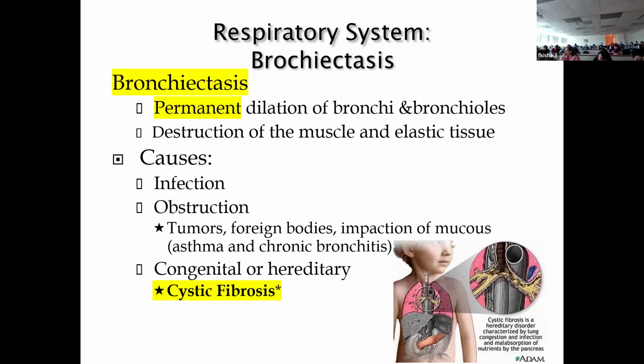Those secretions are more prone to aggressive infections like Pseudomonas and such. So it can be a cause and a consequence of infection. It can lead to obstruction as well. Tumors and foreign bodies can cause it. Impaction of mucus. The disease you want to think about when we talk about bronchiectasis is cystic fibrosis.